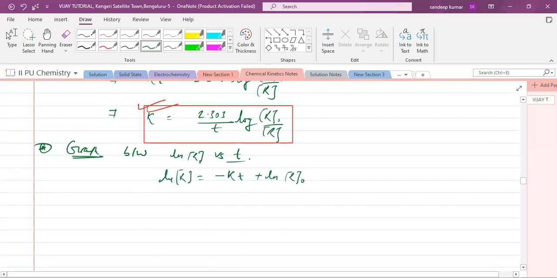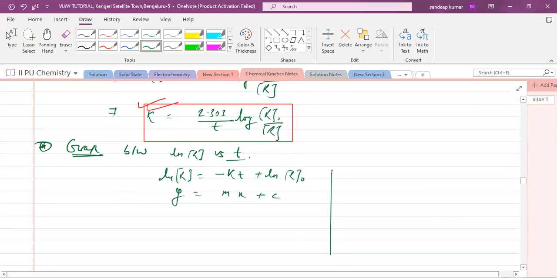I want the graph between ln R and t, so we can plot the graph. Along the y-axis, y is equal to mx plus c, so I'm considering ln R along the y-axis.